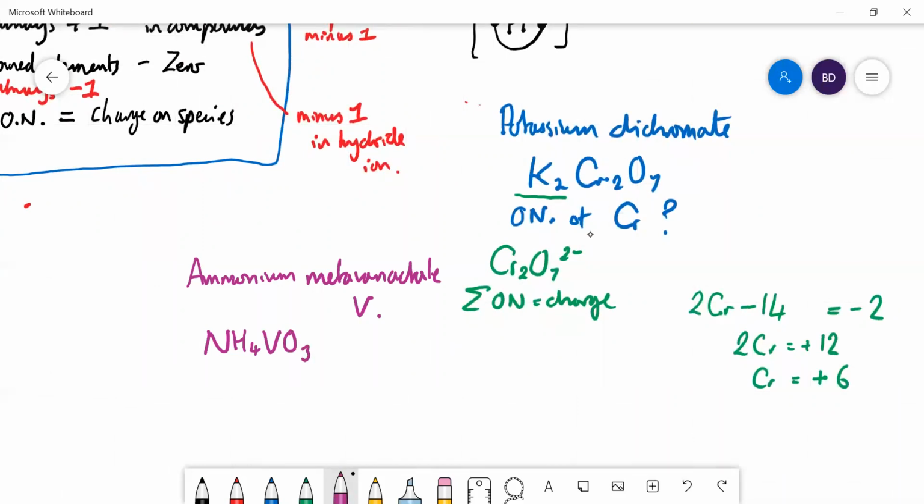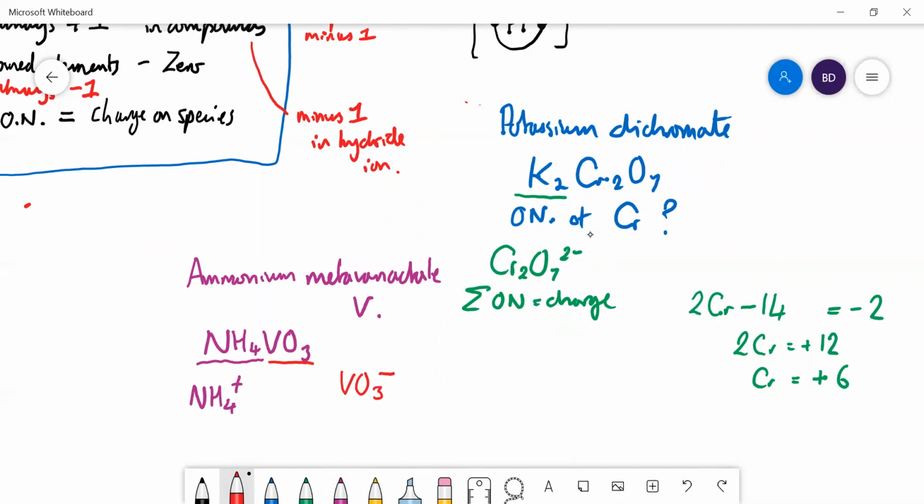Now, what we're going to do there, well, you do need to have a bit of appreciation of chemistry there as well. NH4, that is quite obviously the ammonium ion, NH4+, isn't it? So that means this bit here, it's an ionic compound. This is going to be the VO3- ion.